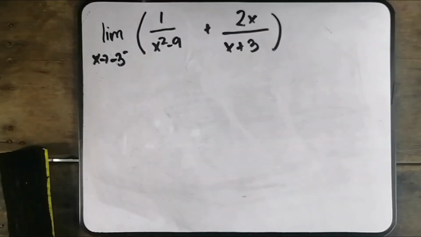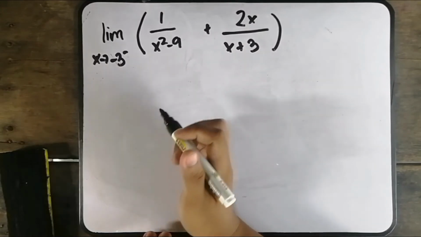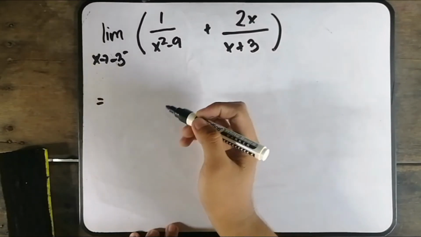So we evaluate now the limit of 1 over x squared minus 9 plus 2x over x plus 3 as x approaches negative 3 from the left. So from here, we can get the limit of the sum.